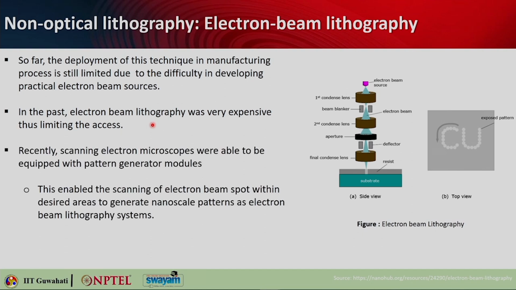But recently, with the development of scanning electron microscopes, these microscopes were able to be equipped with pattern generator modules, and this enabled the scanning of an electron beam spot within the desired areas to generate nanoscale patterns as an e-beam lithography system. So, that has actually helped electron beam lithography to a great extent.